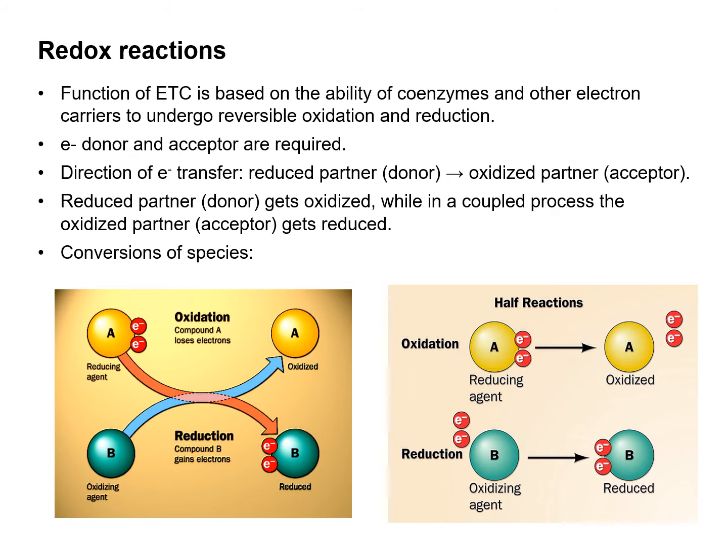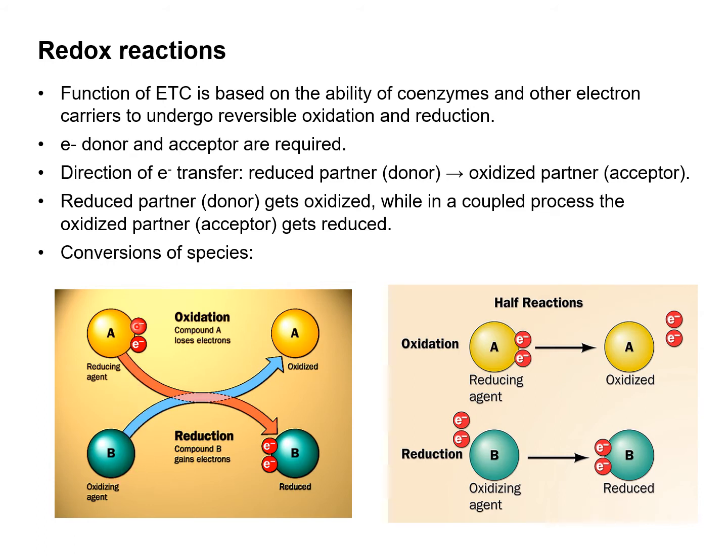The direction of electron transfer is from the reduced partner, here it says reducing agent, so they are referring to the same thing, which is reduced, so it already contains electrons, to the oxidized partner. Oxidized means that it already lost the electrons, so now it has the ability to take those electrons to become reduced. So again, the direction of the electron transfer is from the reduced partner, which is the donor, to the oxidized partner, the acceptor.